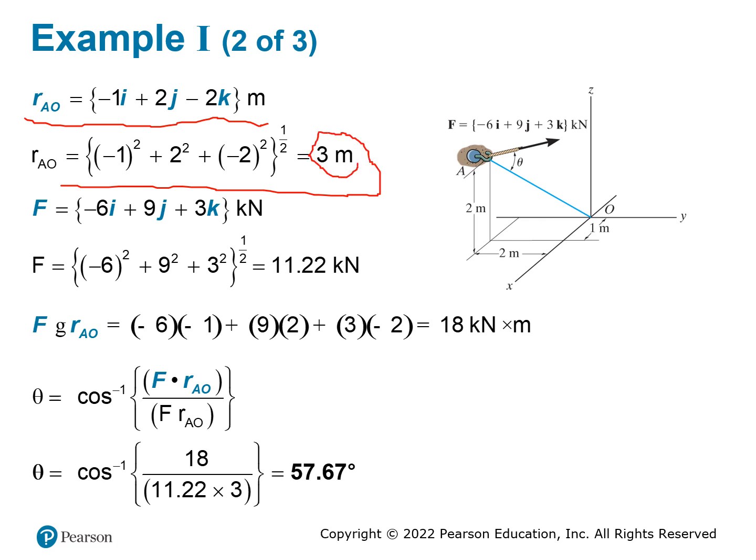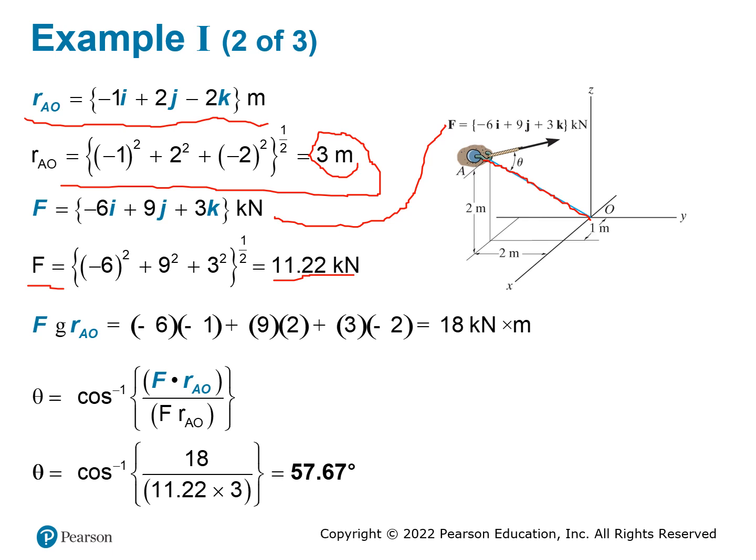This is the length of this one here. F is given, and we can find the magnitude of F by taking 6,000 squared, 9,000 squared, 3,000 squared, and taking the square root of that, which is equal to this much.